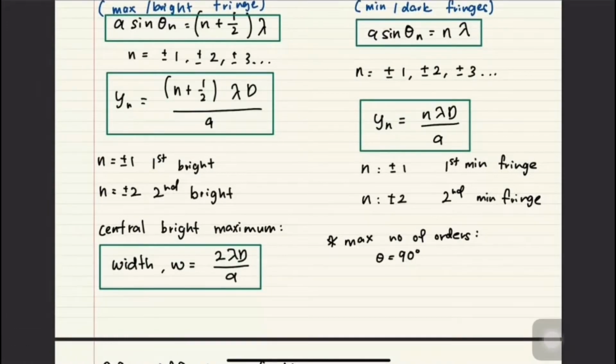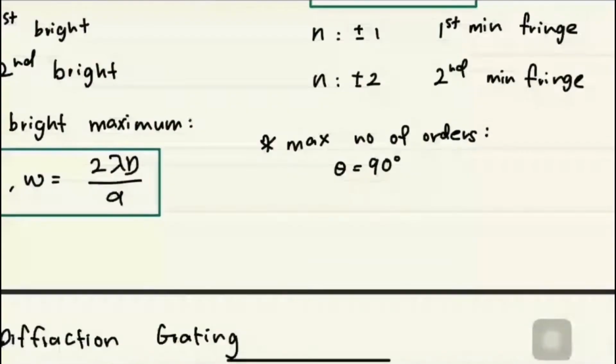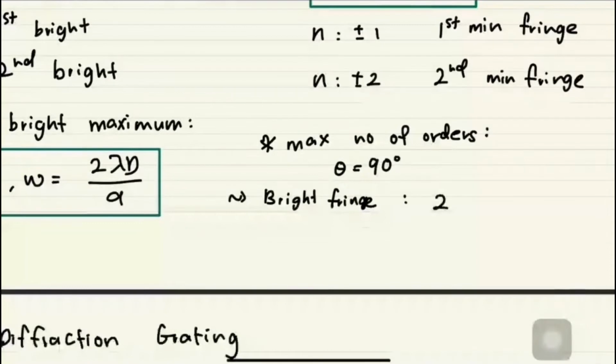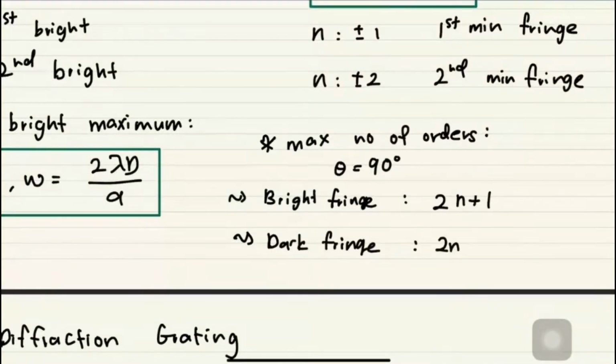Ada berapa banyak order. And then you still have to focus on numbers of fringes. Kalau bright fringe, you have to do 2n plus 1. Kalau dark, basically 2n.